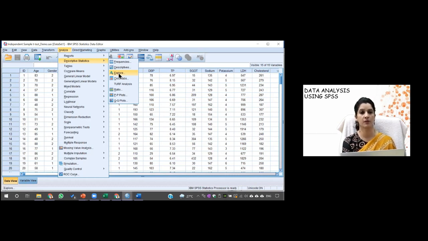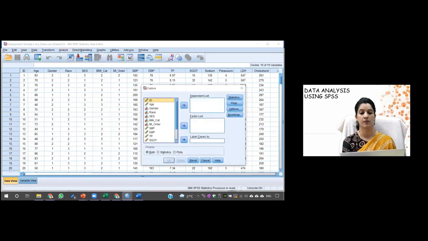But before I apply it, I need to test the assumptions. The second assumption was that data should be normally distributed and there should be no significant outlier. So I'll click the Explore button. In Explore, I have to check the systolic blood pressure because that is the parameter I have to test.